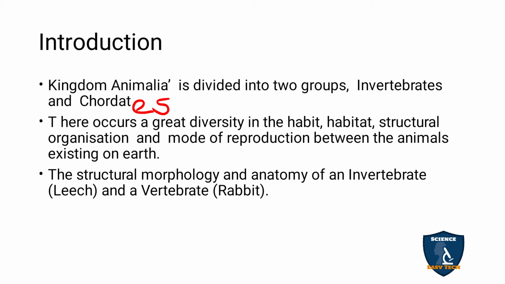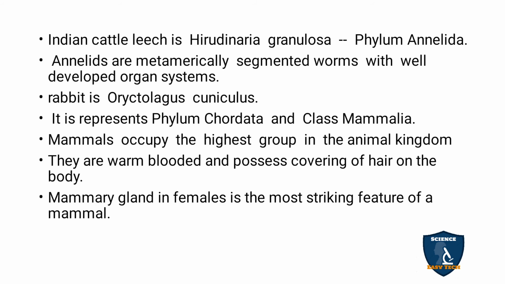So the structural morphology and anatomy of an invertebrate, that is the leech, and a vertebrate, the rabbit, we are going to see in this lesson. First we will see the Indian cattle leech, Hirudinaria granulosa, which belongs to the phylum Annelida. Annelida, you have seen the earthworm, no, with segmentation.